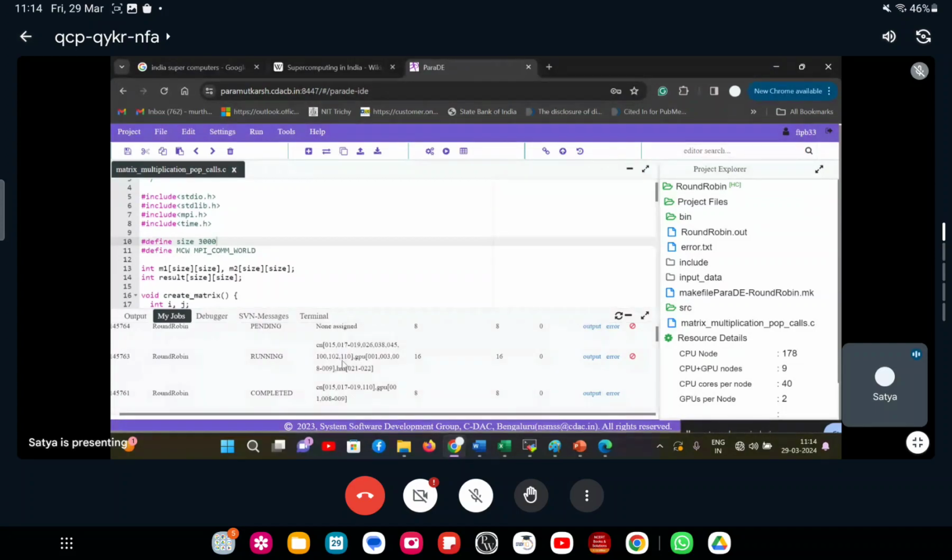See, these are the CPUs and GPUs. 1, 2, 3, 4 are used, and on other machines 2 are used. See the output. What is the matrix multiplication size, students? Yeah, dear students, please, what is the matrix multiplication size?